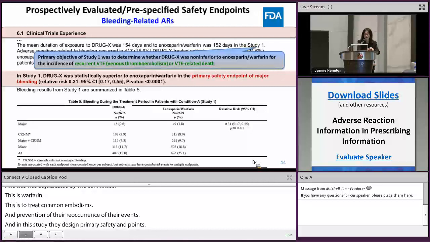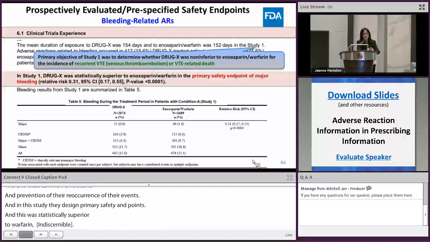So after first presenting the efficacy of the drug in Section 14, it made more sense to the review team to refer to Section 6 for the bleeding adverse reactions. Because even though this drug was found to be safer, statistically superior to enoxaparin and warfarin in having a reduced number of major bleeding events, adjudicated bleeding events, it still causes bleeding.